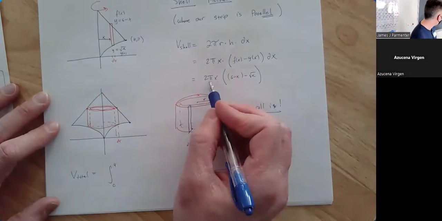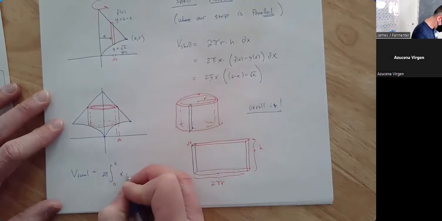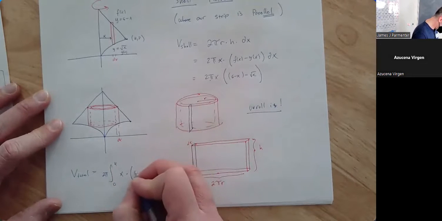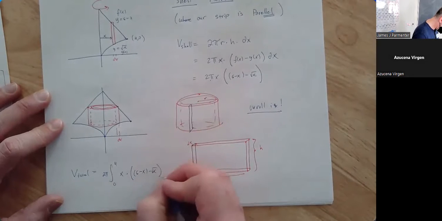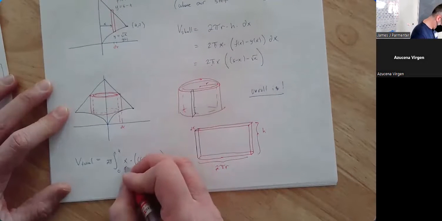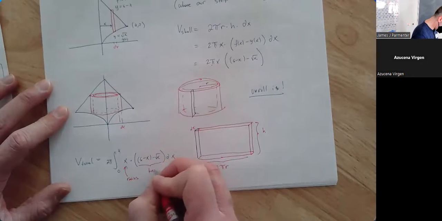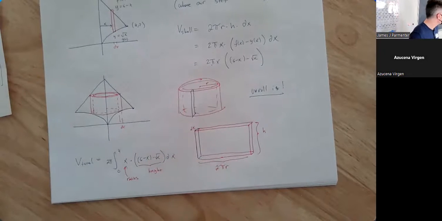Usually we put the 2 pi out in front, so it's 2 pi times the integral of x times 6 minus x minus the square root of x. There's your radius. There's your height.